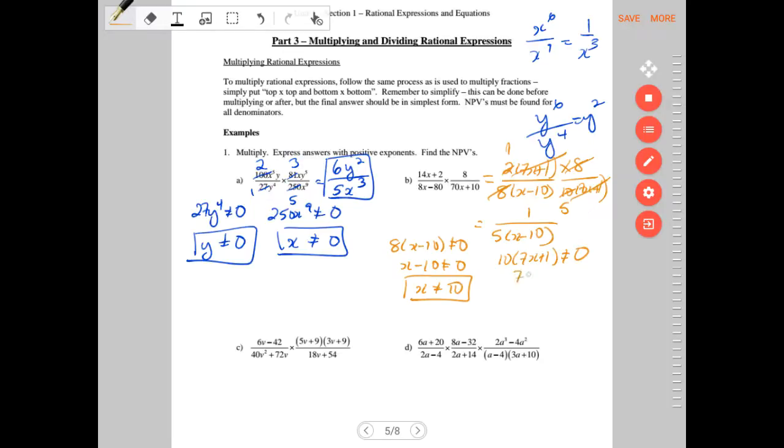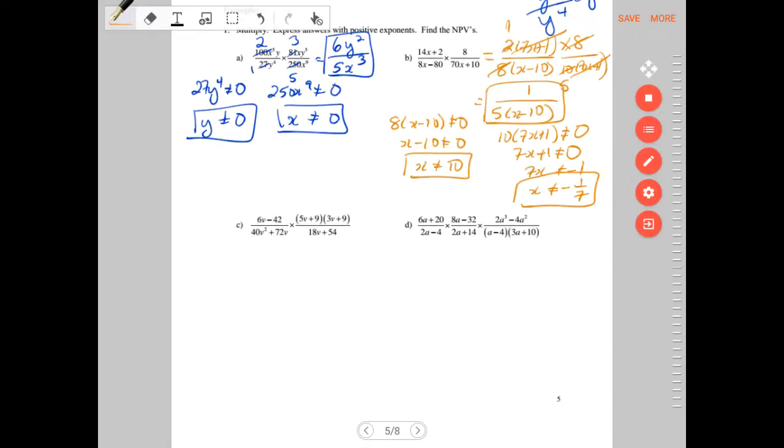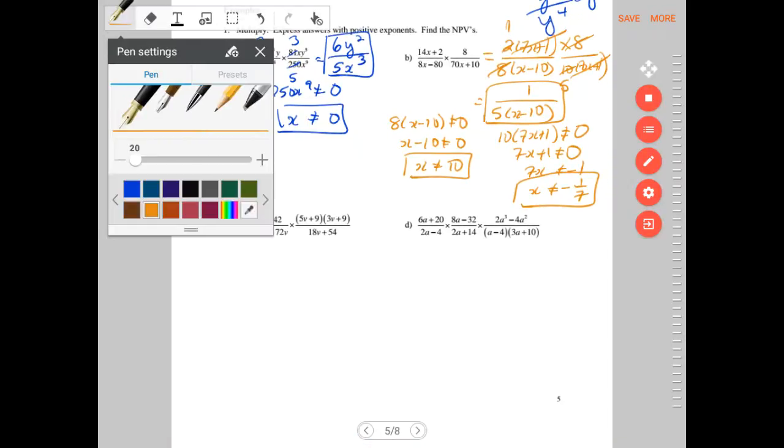Divide by 10, that's 7x plus 1 can't be 0. Minus 1, 7x cannot equal negative 1. And divide by 7, x cannot equal negative 1/7. So there are my NPVs, and there is my simplified rational expression. We'll do a couple more of these, and then we'll move on to some division.